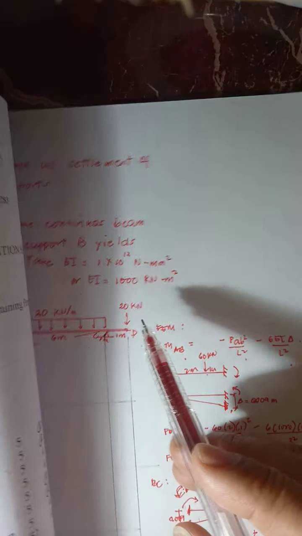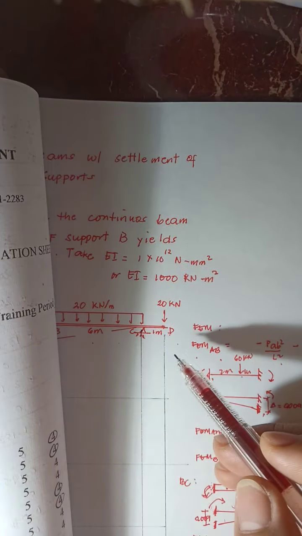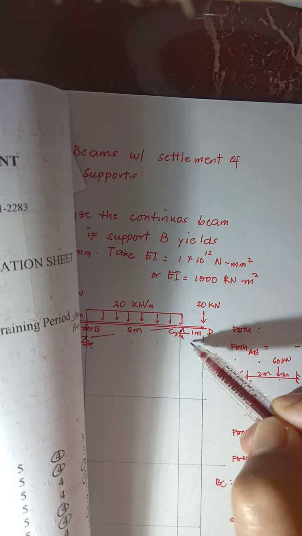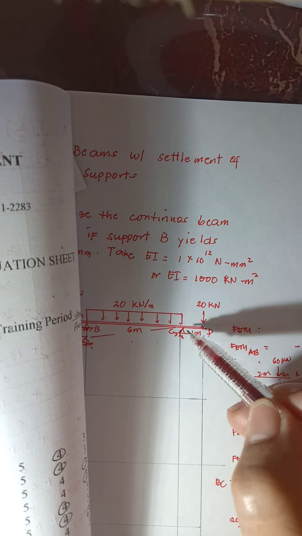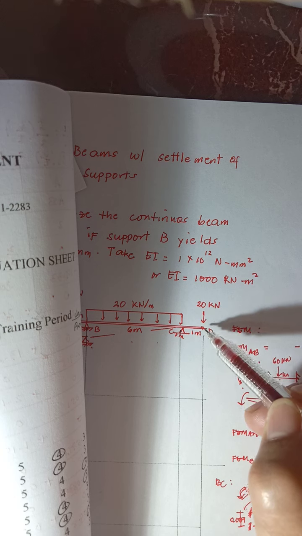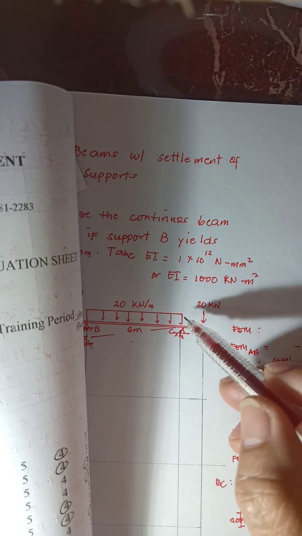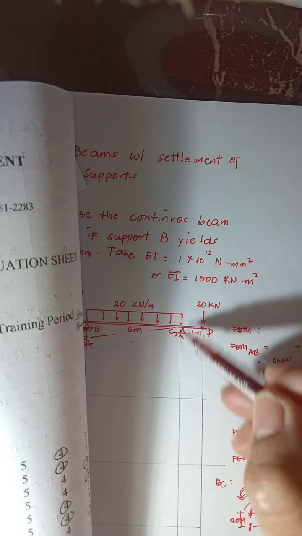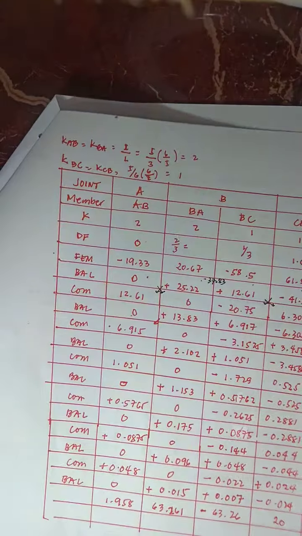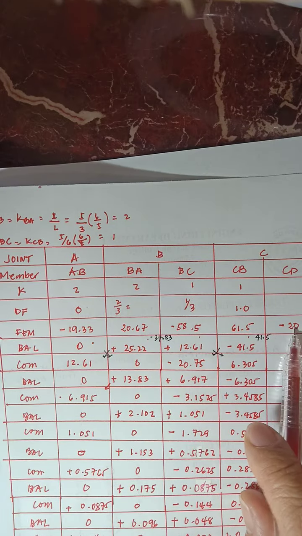By the way, if you solve your moment here, the reaction is to counteract the moment produced by the 20 concentrated load. That is why the direction of your moment for CD is equal to negative 20.